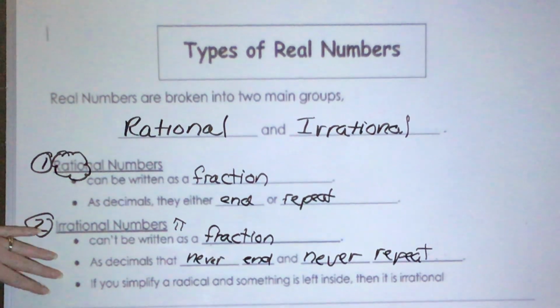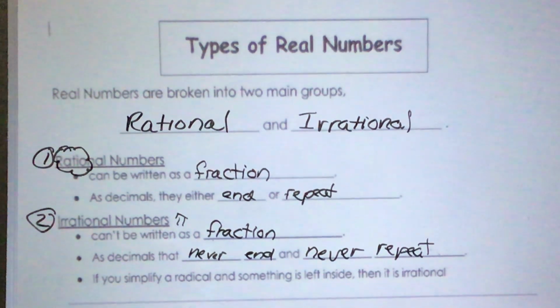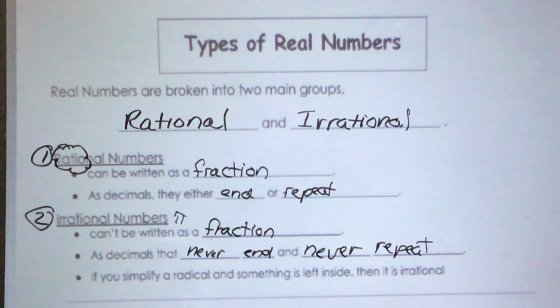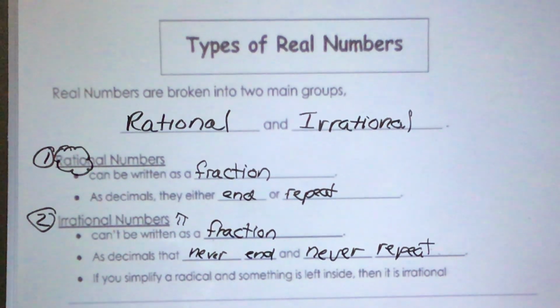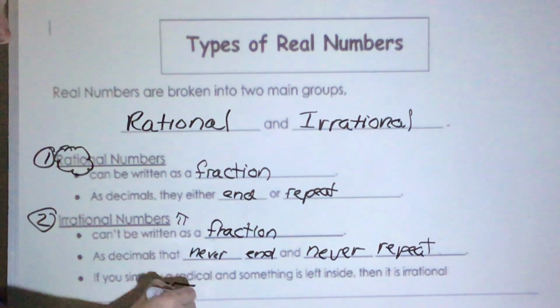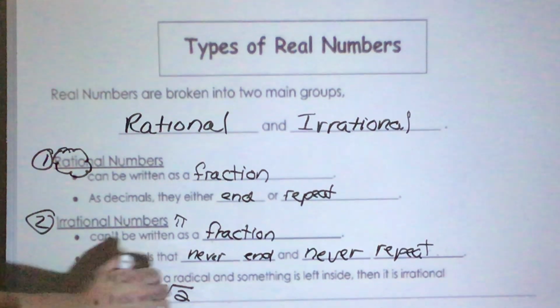The other irrational numbers, there are so many. If you simplify a radical by doing the factor tree and not everything goes outside, you still have something left on the inside, that number is irrational. So square root of 2 is irrational, because if you go to simplify it, not everything's coming outside.